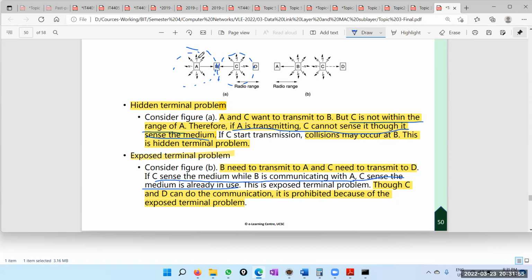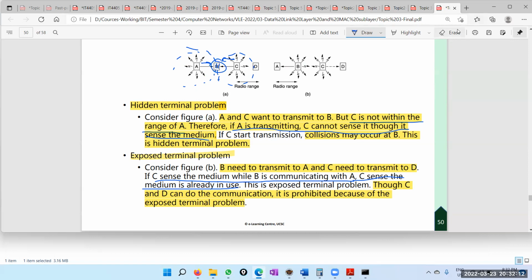For example, if A sends data to B and C sends data to B, there is a possibility of collisions at B. So that is called the hidden terminal problem.